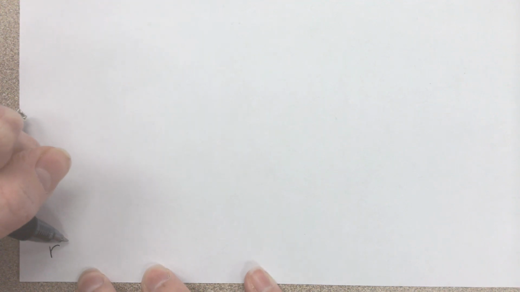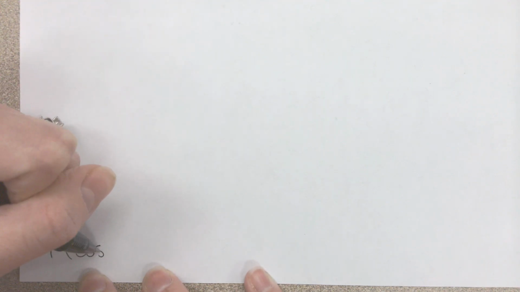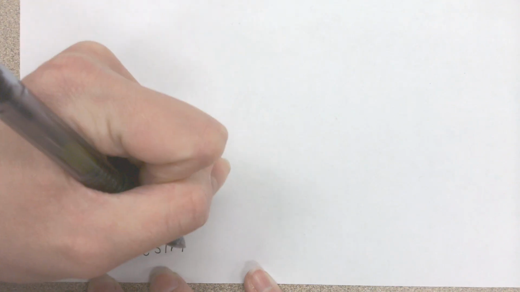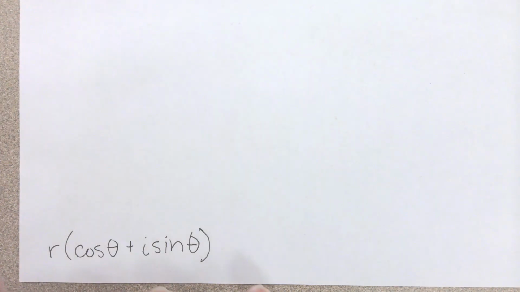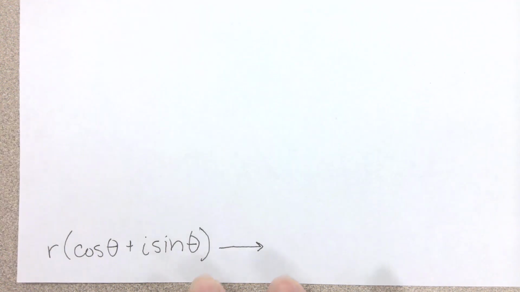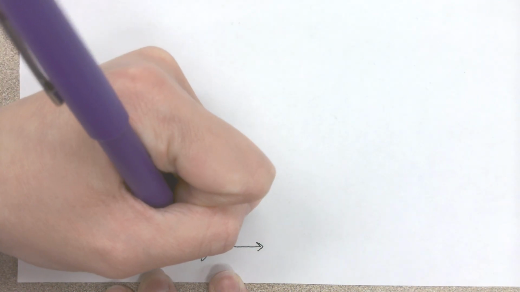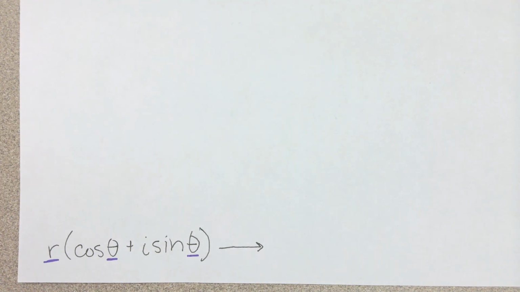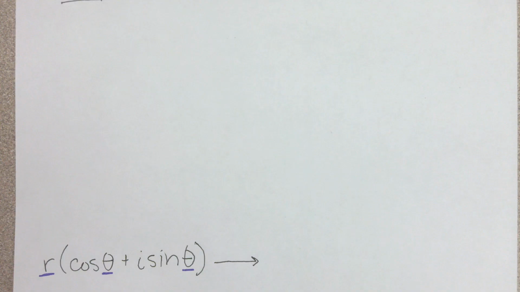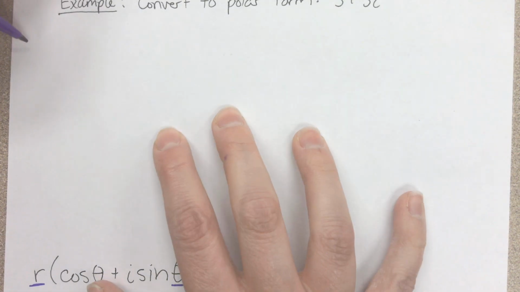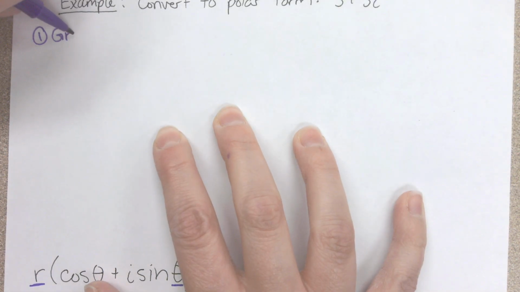So again, the goal is r times cosine theta plus i sine of theta. So once we find r and the value of theta, we'll be done with the problem. So we can summarize this into 3 steps. First thing, of course, we're going to graph it, get a visual to work with.